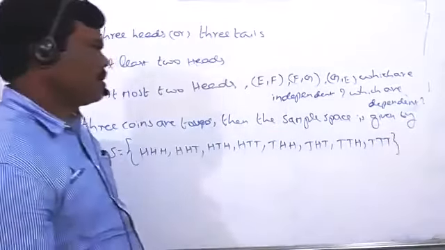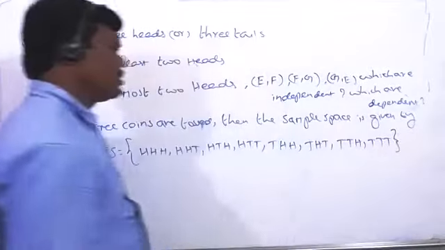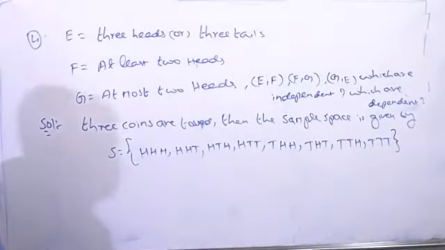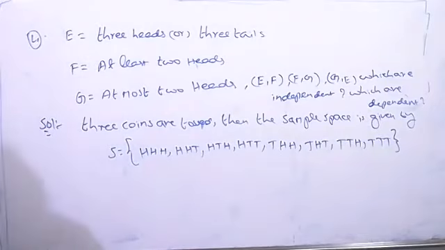Correct now? These are the 8 outcomes. Now, from all these outcomes, what is the event A here now?